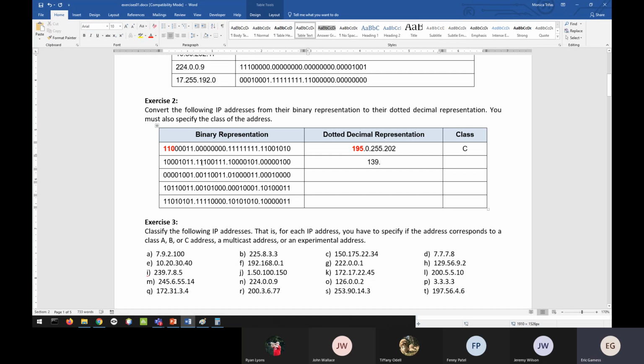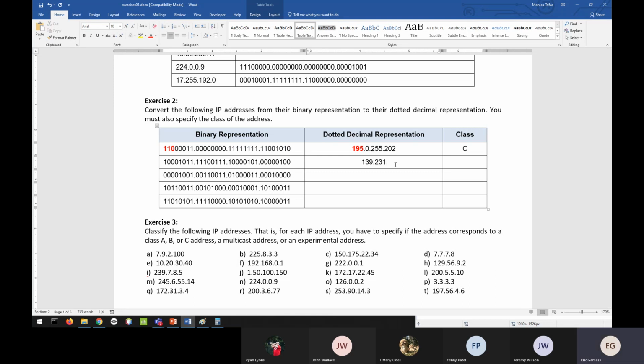What about this one? 128 plus 64 is 192. 192 plus 32, 224. 224 plus 4, 228. 228 plus 2, 230. 230 plus 1, 231, no?